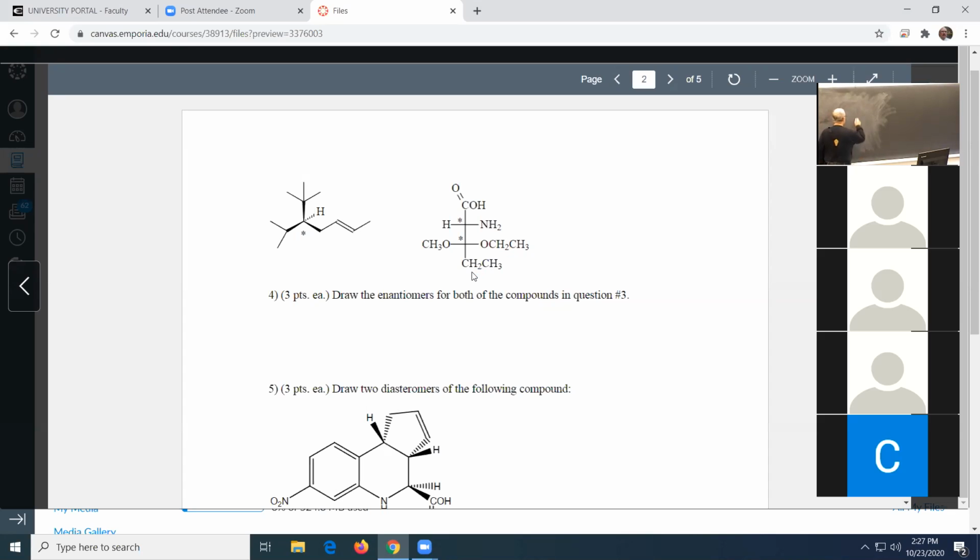So for example, I can switch the isopropyl and the tert-butyl. Keep hydrogen back. So this is a possible answer for the enantiomer. You can switch any two groups and you've got the enantiomer.